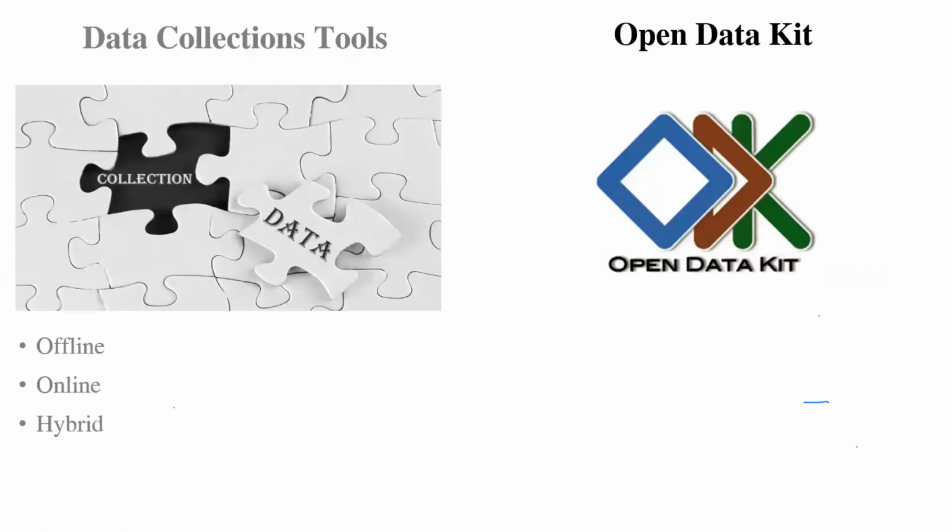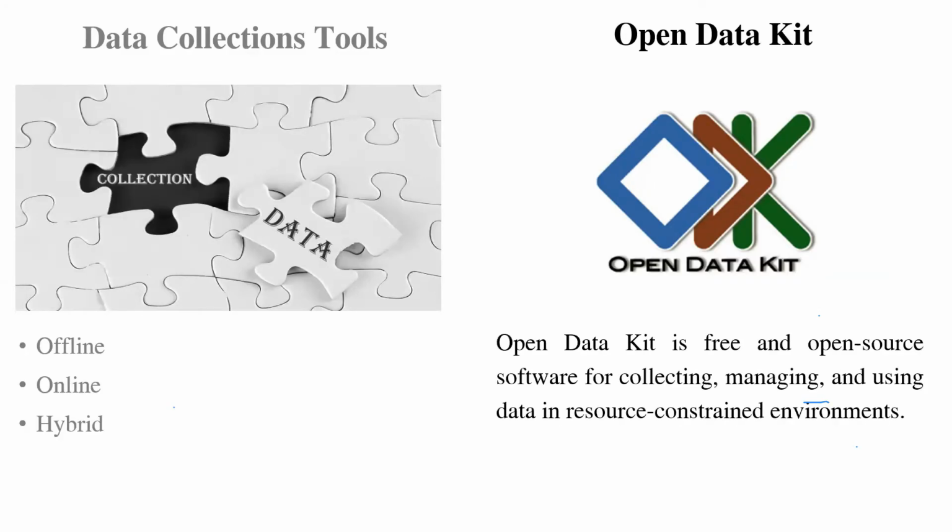So now we are going to talk about Open Data Kit itself. What is Open Data Kit, or what is Open Data Kit all about? So you see, Open Data Kit is just a free and open source software for collecting, managing, and using data in resource-constrained environments.